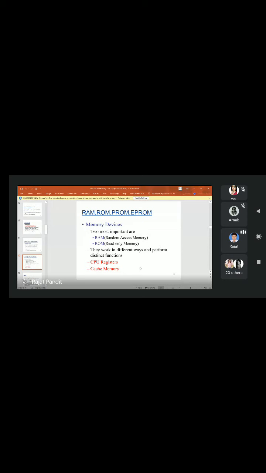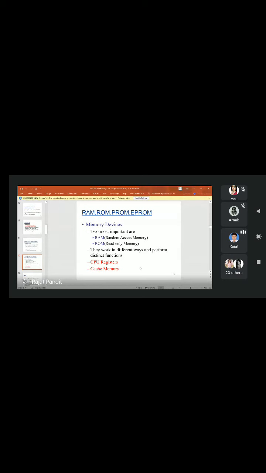I have already told you there are two types of memory: primary memory and secondary memory. All this RAM, ROM, PROM is under primary memory, and the hard disk, CD, DVD, flash drive or pen drive are under the secondary memory. The two most important are RAM and ROM.